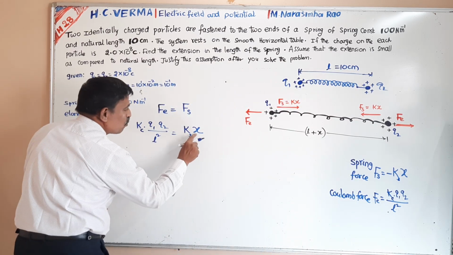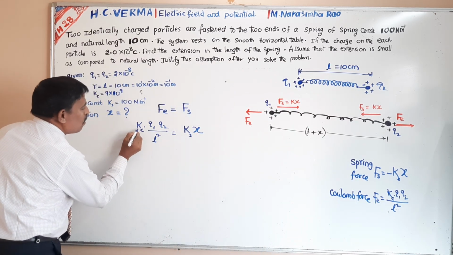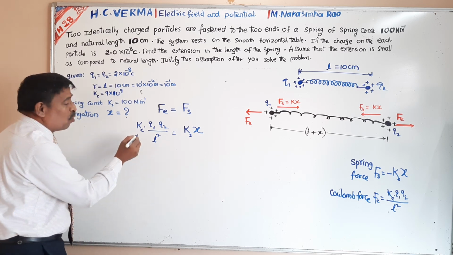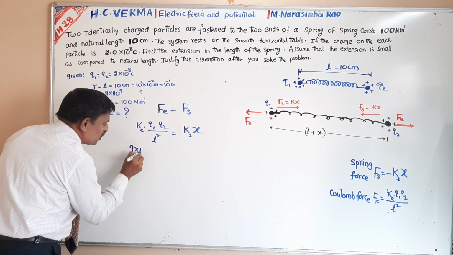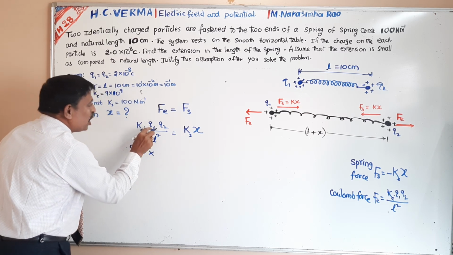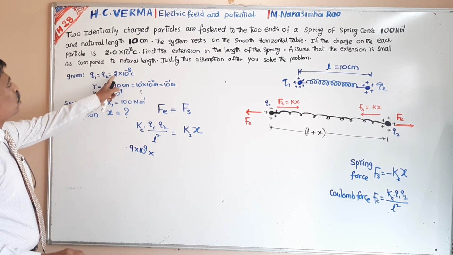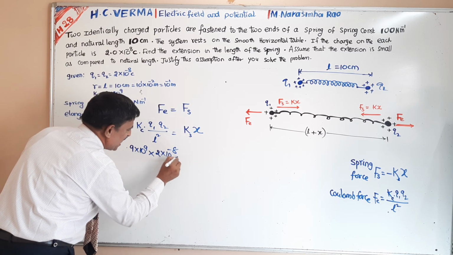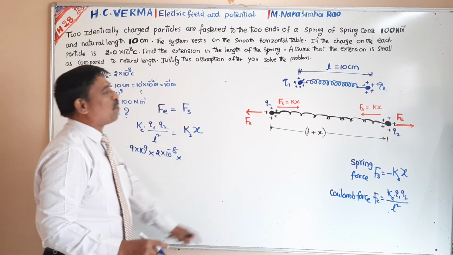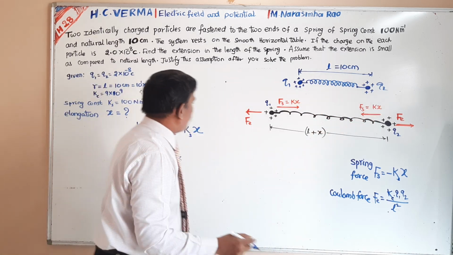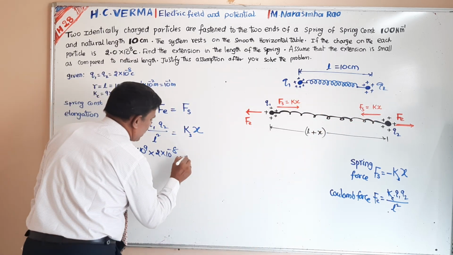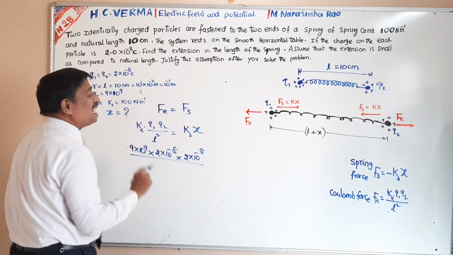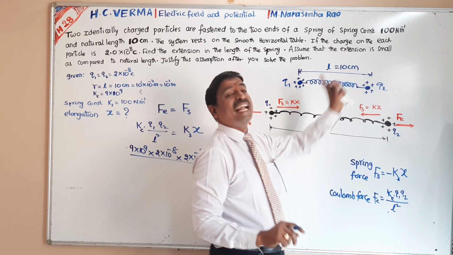Now I want to find this x. The Coulomb constant K, the constant in electricity in Coulomb's law, is 9 × 10^9. Q1, the charge of the first one, is 2 × 10^-8. The second particle has the same identical charge, 2 × 10^-8. L, the distance between the charged particles, is 10 centimeter.